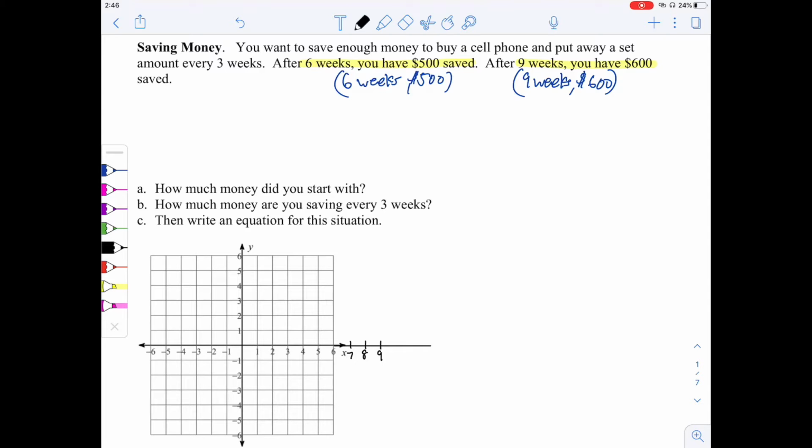Let's make all of these 100, 200, 300, 400, 500, 600. We start off with 6 weeks, 500. That's our first point. So 6 weeks, $500 right here. Then we go to 9 weeks, $600 right here.